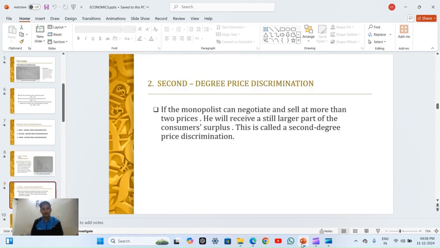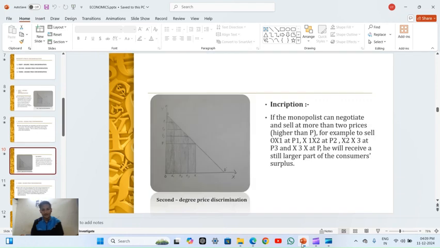Now, the second degree price discrimination. If the monopolist can negotiate and sell at more than two prices, he will receive a still larger part of the consumer surplus. This is called second degree price discrimination. Here is the graph of second degree price discrimination. You can see the different prices P, P1, P2, P3, and X1, X2, X3.